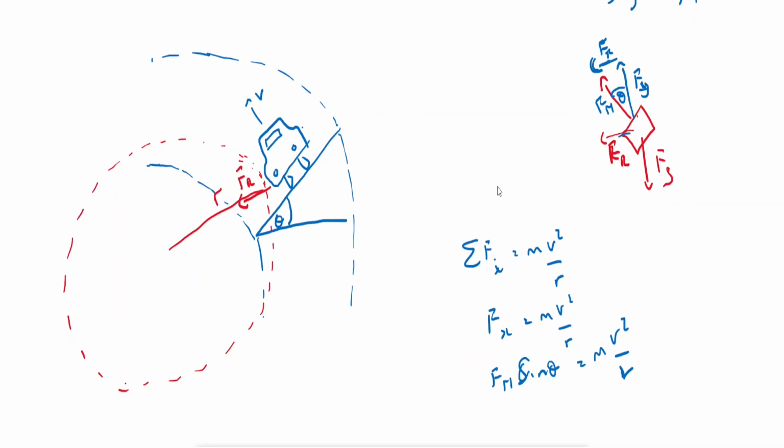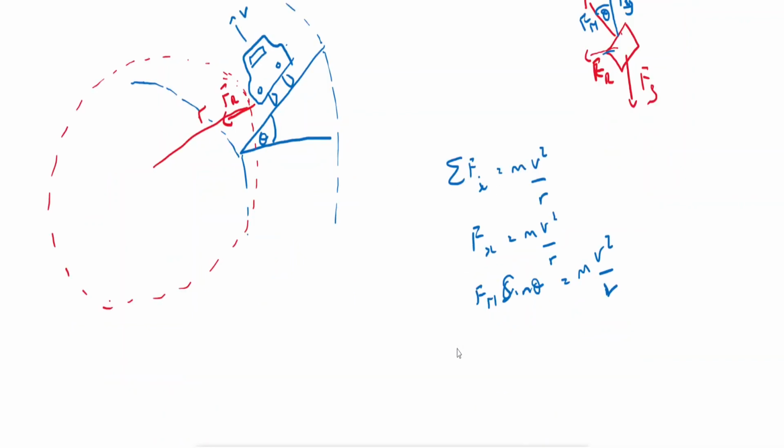All right, then the other one: if I sum all the forces in the y, there isn't any going up or down, so it's going to be equal to 0. What are the forces in the y? It is Fy minus mg is 0, which means that Fn cos of theta is equal to mg.